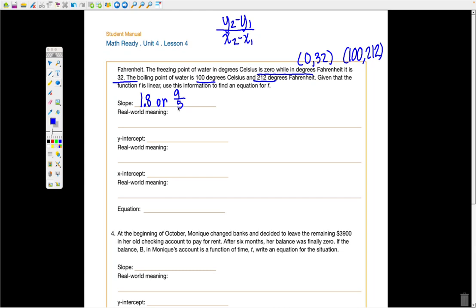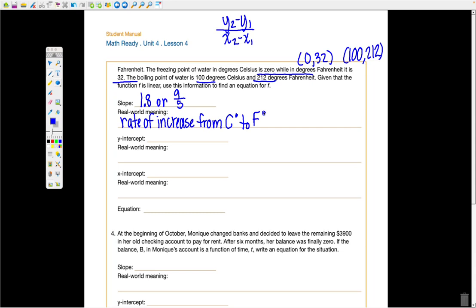The difference between the increase from Fahrenheit to Celsius. So it represents the, there we go, rate of increase from Celsius to the Fahrenheit.